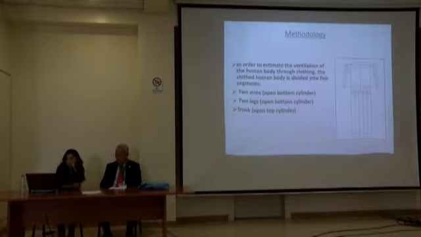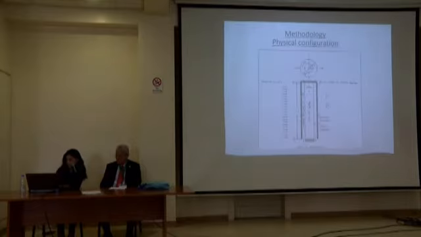Now, in order to estimate the ventilation of the human body through clothing, the closed human body is divided into 5 segments: 2 arms, 2 legs, and 1 trunk. This figure shows the physical configuration of the closed human segment. It consists of 2 concentric cylinders, one for the skin and the other for the fabric.